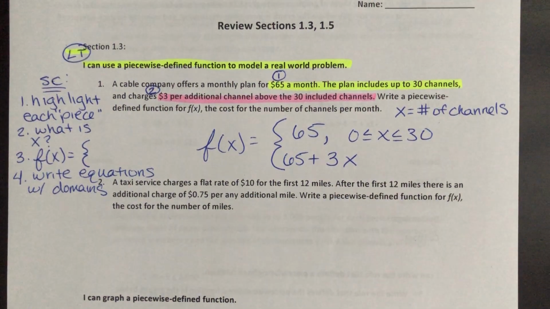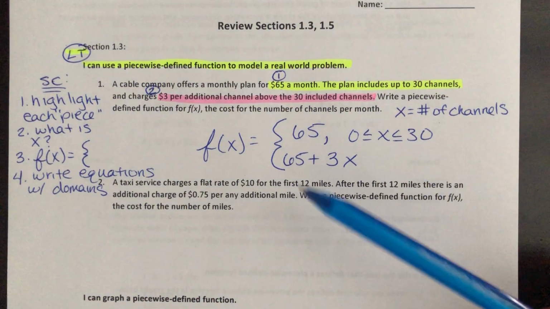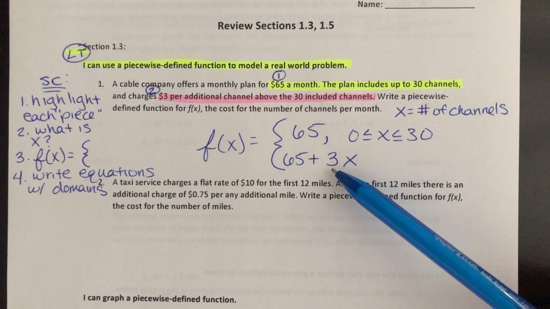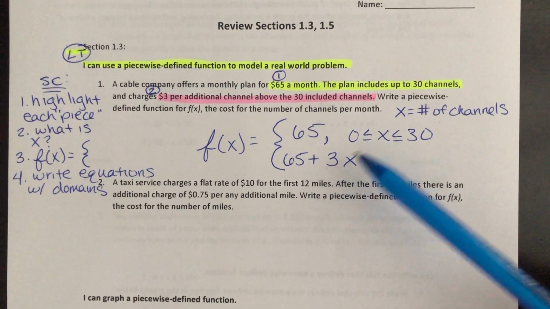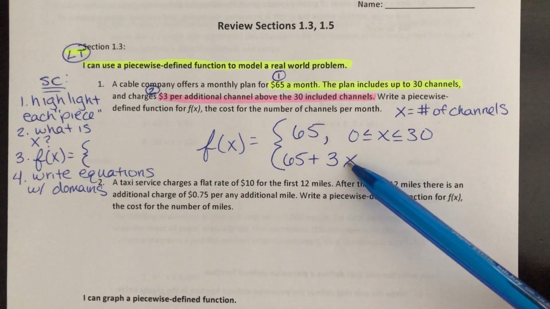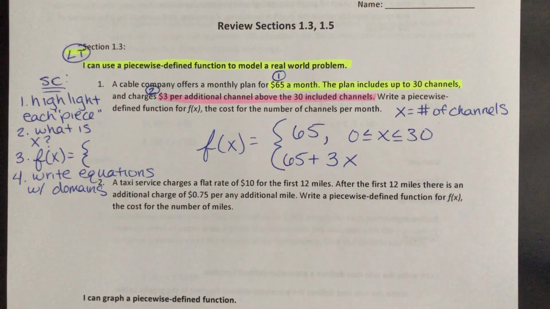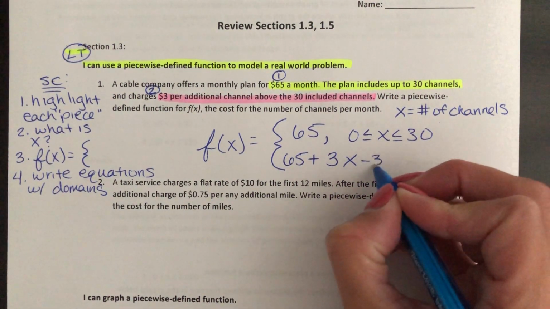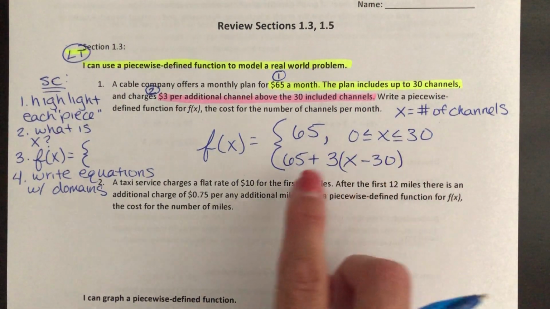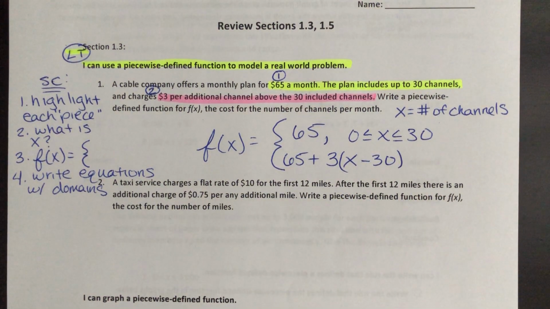But let's think about this. This $65 already pays for 30 channels, so I don't want to pay $3 for those 30 channels again. I just want to pay $3 for the channels above 30. So I'm going to do x minus 30.